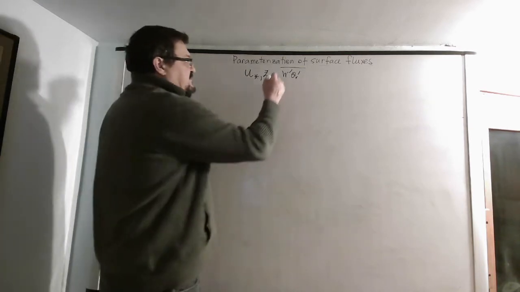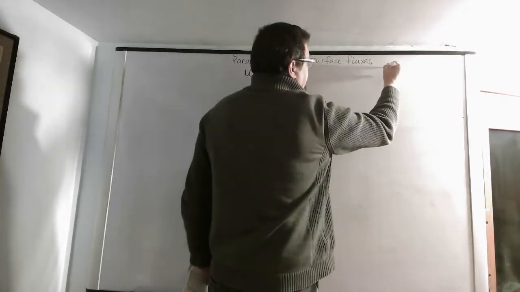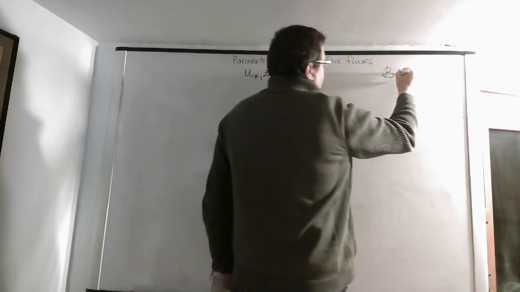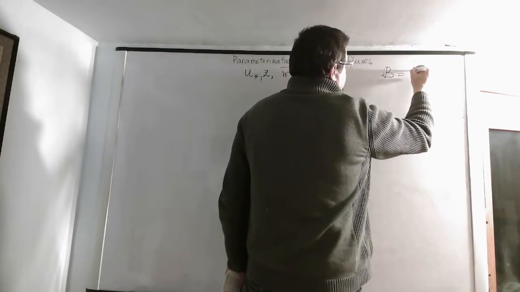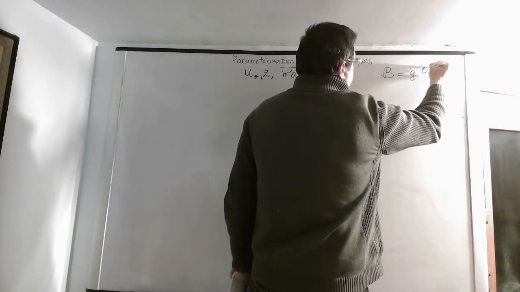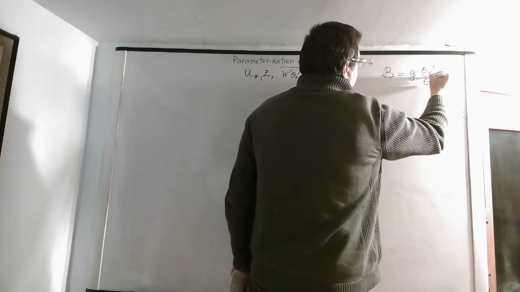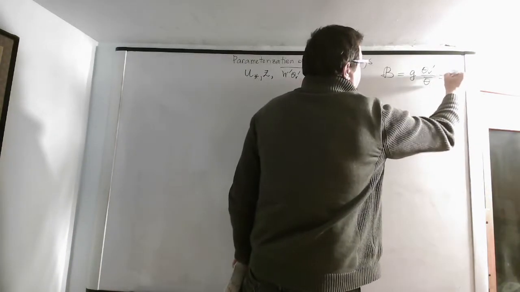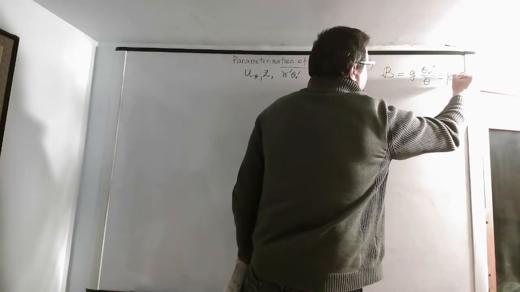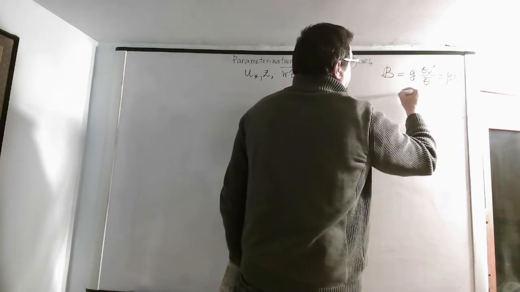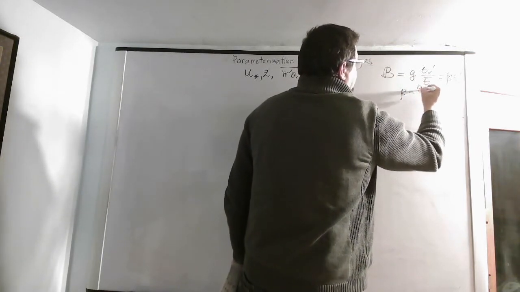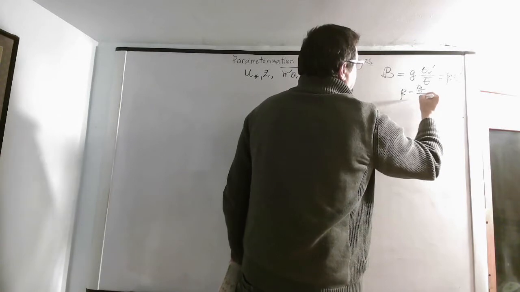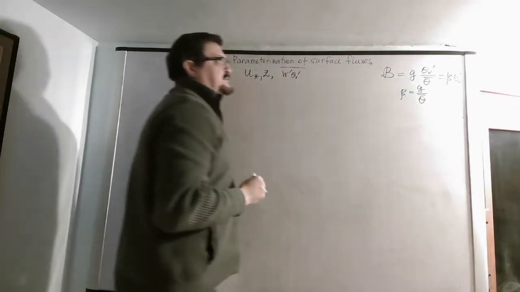Remember from one of our classes, buoyancy is g theta v prime divided by theta, some reference temperature. It can also be written as beta theta v prime, where beta is just gravity divided by some temperature scale.